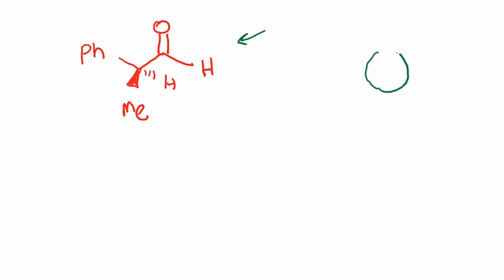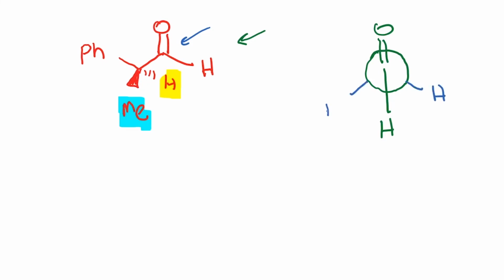I'm going to be careful and label this in different colors: this hydrogen is going to be in yellow, and this methyl is going to be in blue. If I'm looking at it from here, the hydrogen is on my right, the methyl is on my left, and the phenyl ring is actually eclipsing the carbonyl. Okay, so this is how I would draw this.